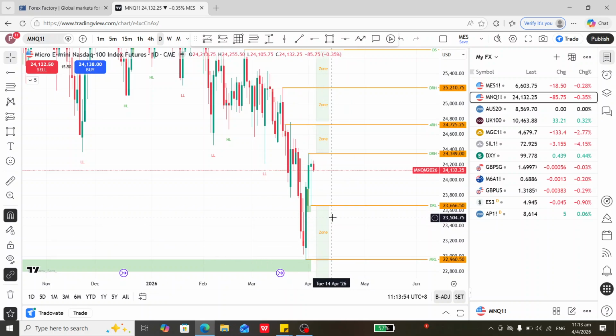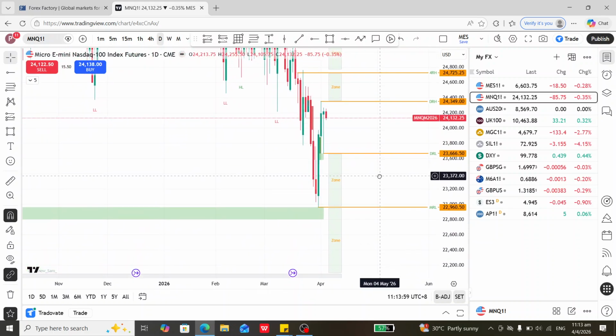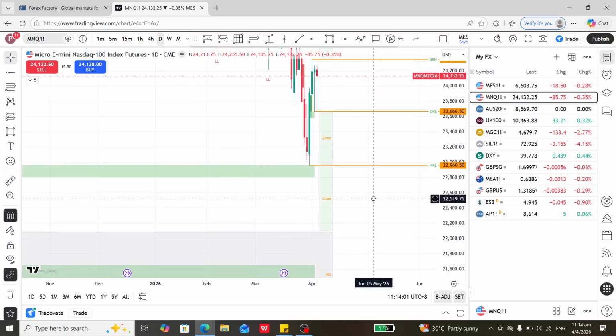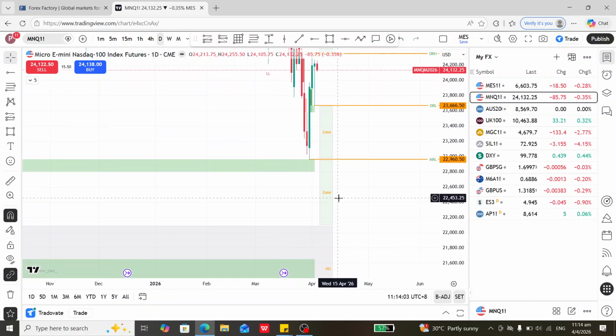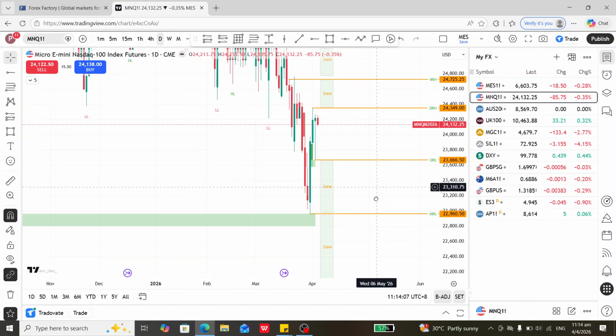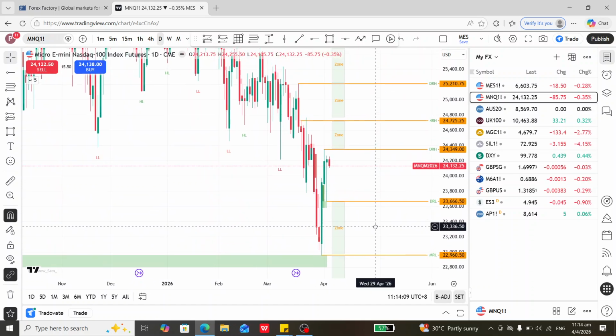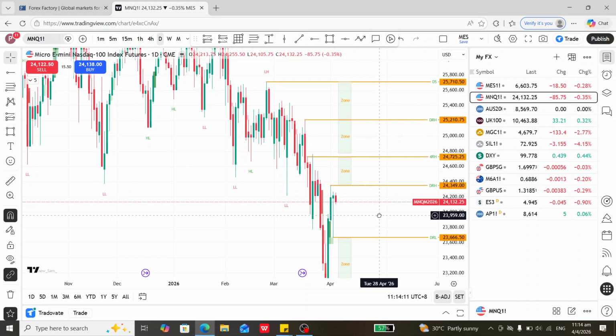This is quite interesting and highly possible this coming week. The other one, same as the S&P, is monthly rejection low to monthly gap. So this one is maybe unlikely in the coming week, maybe the week after. Upside here, daily rejection high to the next level.